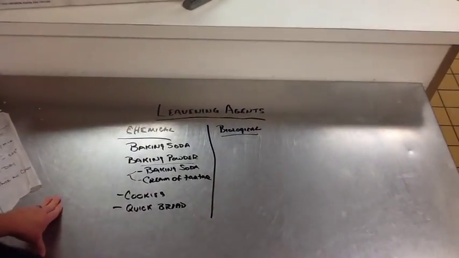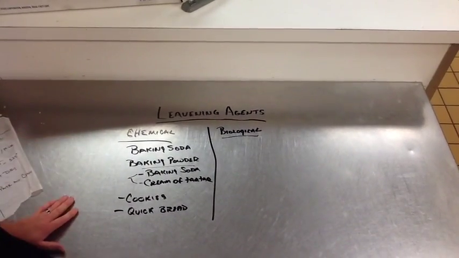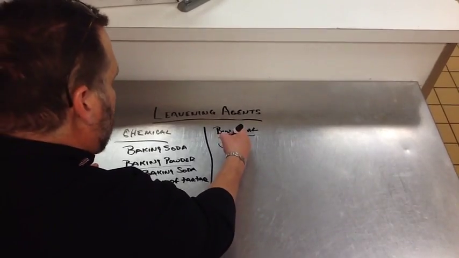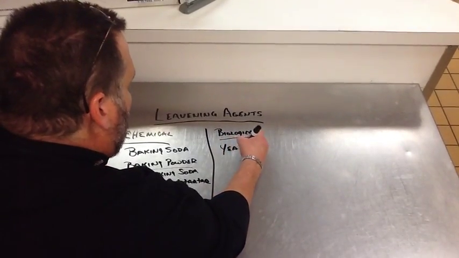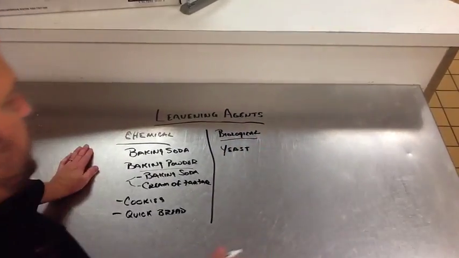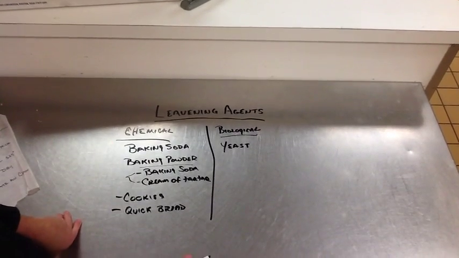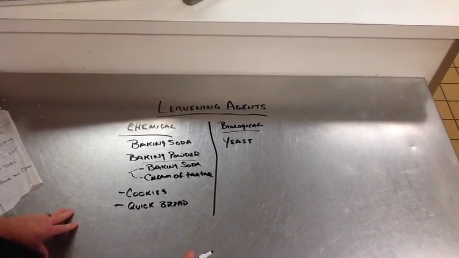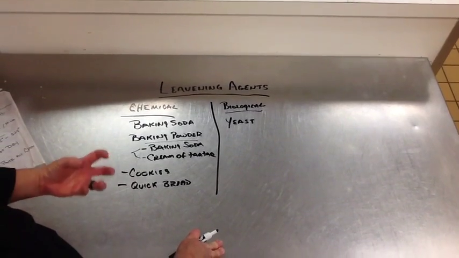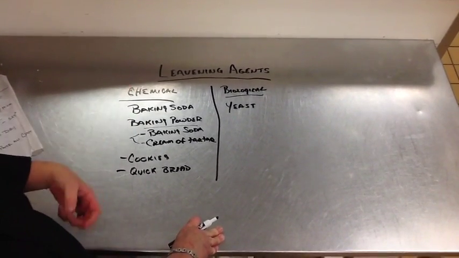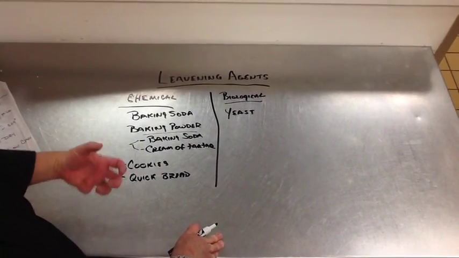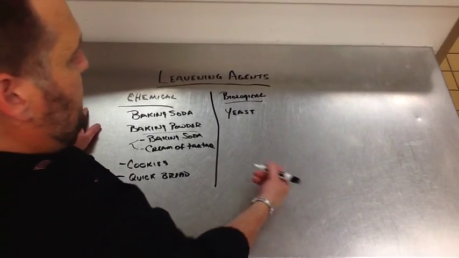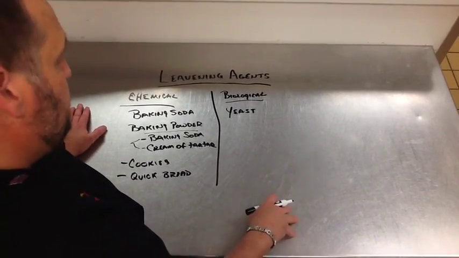And a biological leavening agent, most common, would be yeast. And yeast, we use it primarily in breads. And from that yeast, it works with gluten. So if we're talking about making bread, it works with the protein in the wheat, which is gluten.